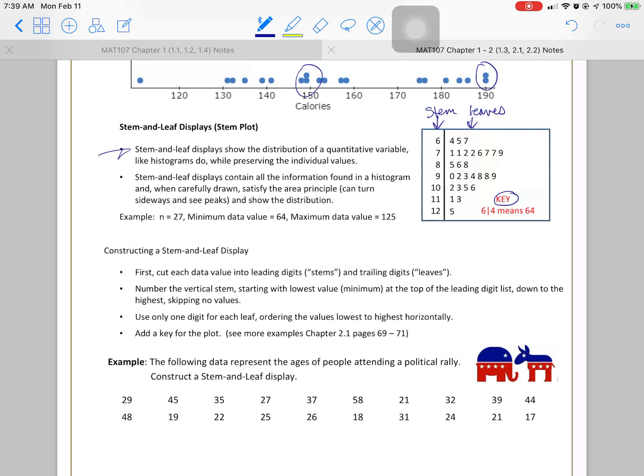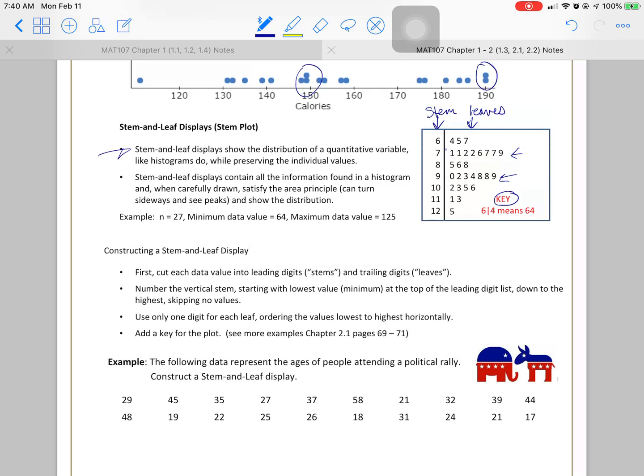You can turn the stem and leaf, if you turn your head a little bit, sideways and you can still almost get a feel that this is bimodal. See this peak and there's a peak there. The second stem from the top is quite tall. If you turn it sideways, that means more data points fell in the ones that began with the 70s. So in the 70s, remember this 6, 4 with the line or whatever, it makes 64.